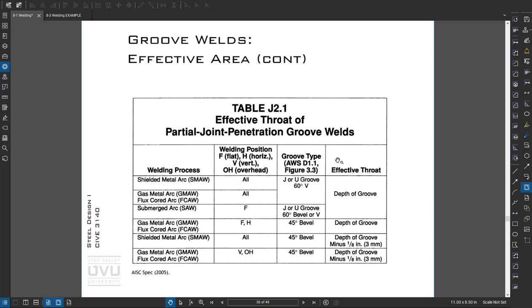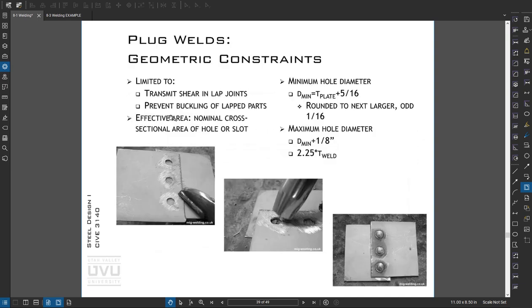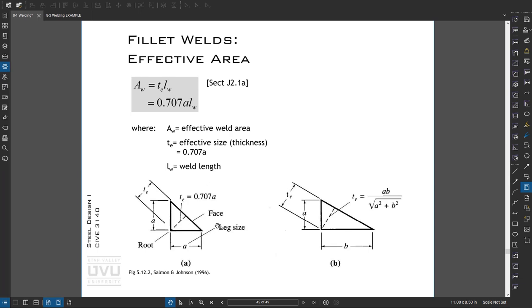All right, effective area of the weld is going to be the throat thickness times the length of the weld. I think I've got an example. Yeah, so if I have a fillet weld, my effective throat thickness is going to be 0.707 times a, which is just cosine of 45 degrees in this case.